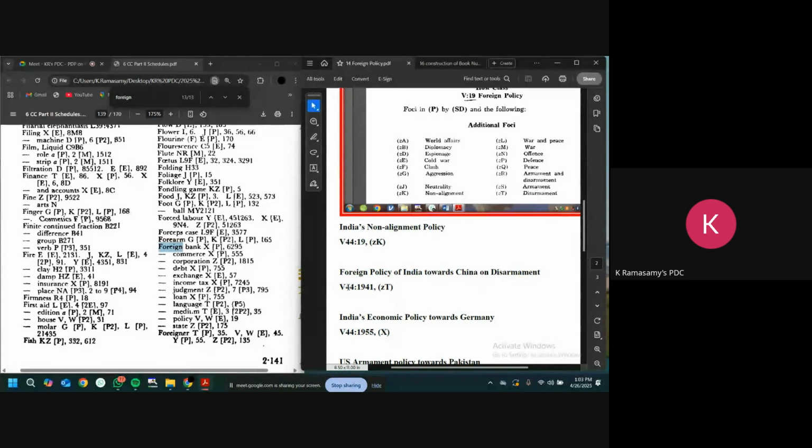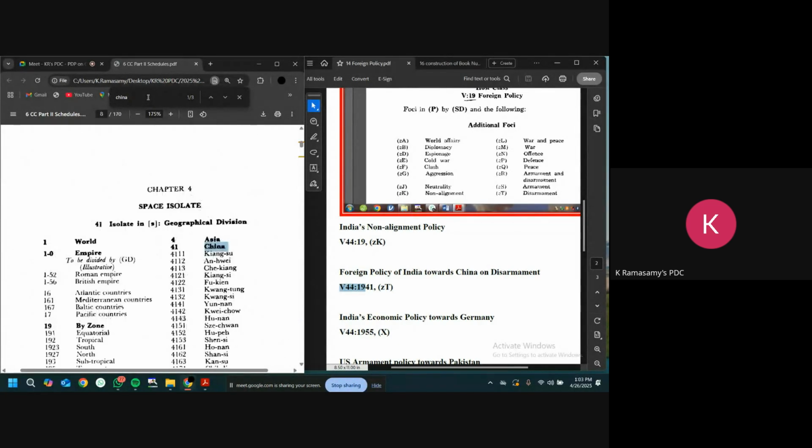India, number V:44. So V:44:19 is the canonical division. For this, we need P1 and P2. What is P1? China. So I need to know the number for China. I just go and look up the number for China: 41. 41 is a personality. Here, space is treated as personality level 1. Comma. What is P2? Any policy.